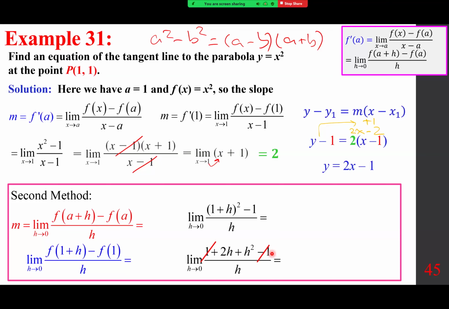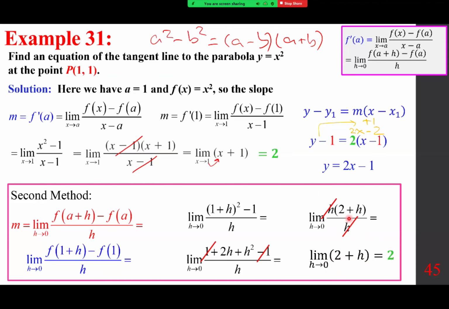In the numerator, I can factor out the h, and these two cancel each other. Now if I look at the limit of 2 plus h as h approaches 0 and apply the 0, I get 2. And this is the same as what we found here.